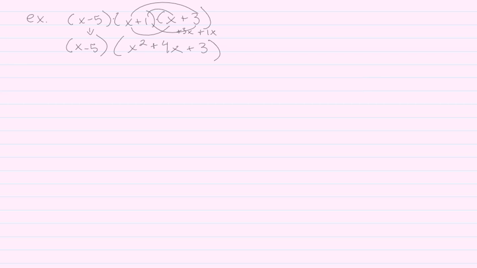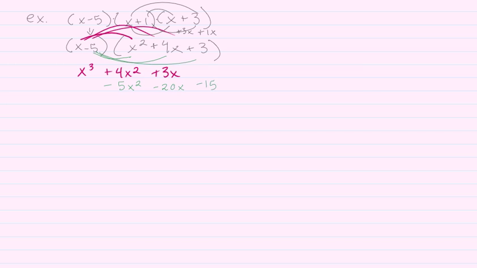So when I go to distribute my x, I get x cubed plus 4x squared plus 3x. And then when I distribute that negative 5, I need to make sure I distribute the negative sign with it. So that's a minus 5x squared minus 20x minus 15.